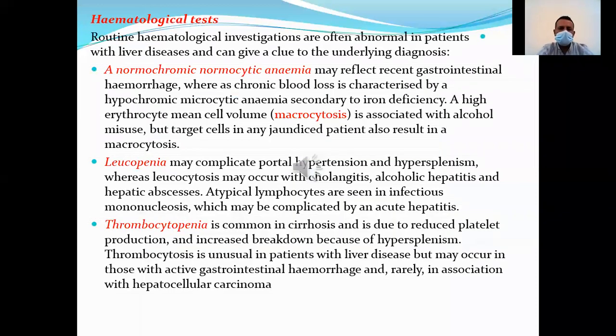In liver disease, we need to investigate the hematological abnormalities. The routine hematological investigations are often abnormal in patients with chronic liver disease and can give a clue to the underlying disease.